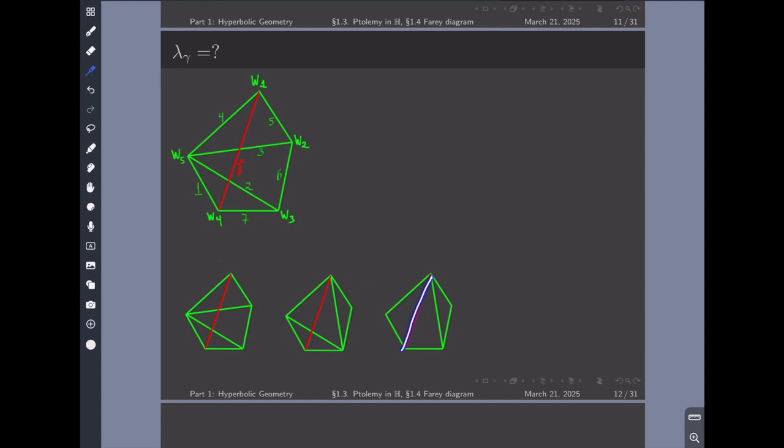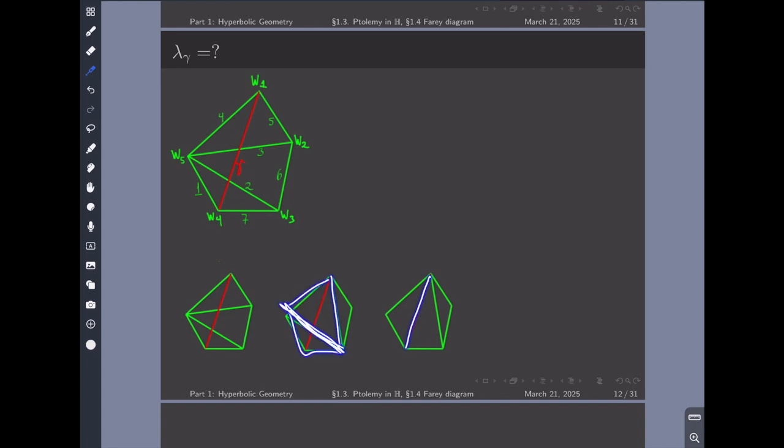So once it's here, I express lambda gamma in terms of these 4. Sergio said, perform this sequence of flips to put gamma inside the triangulation. But now, once I'm here, I say lambda gamma can be written in terms of these ones.